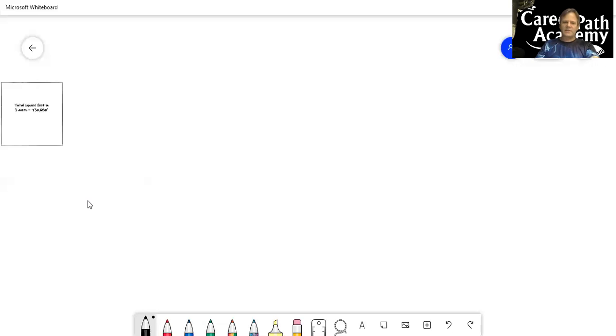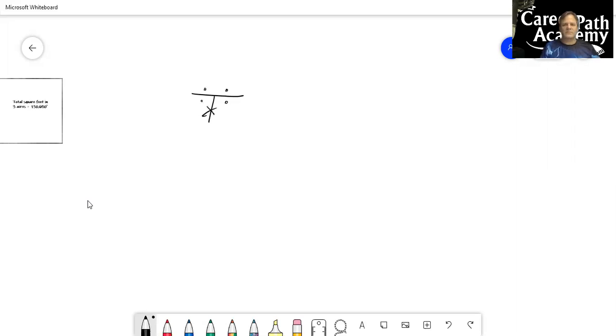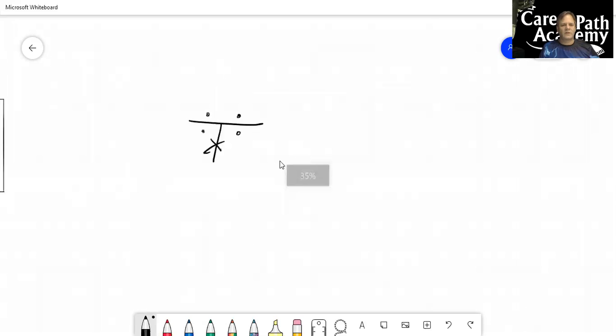All right, so using the T formula. How does the T formula work? Well, first of all, it looks like a T, and you've got that division symbol and the multiplication symbol. You guys can see the whiteboard here, by the way? Yes. All right.